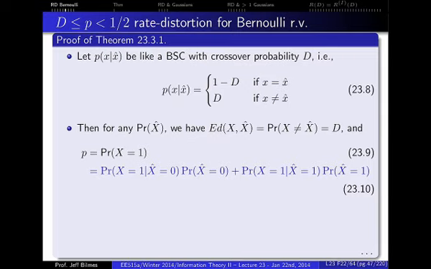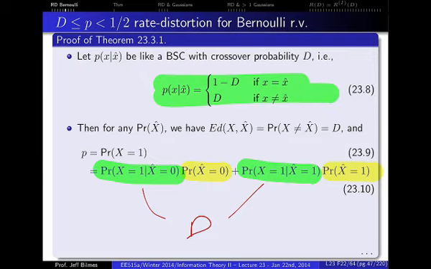We have a constraint on this and this, so we can write it as one minus the other. We know that this one here is just the switching probability. This is the same as this, and they're both equal to d, because we're assuming the conditional probability is symmetric.